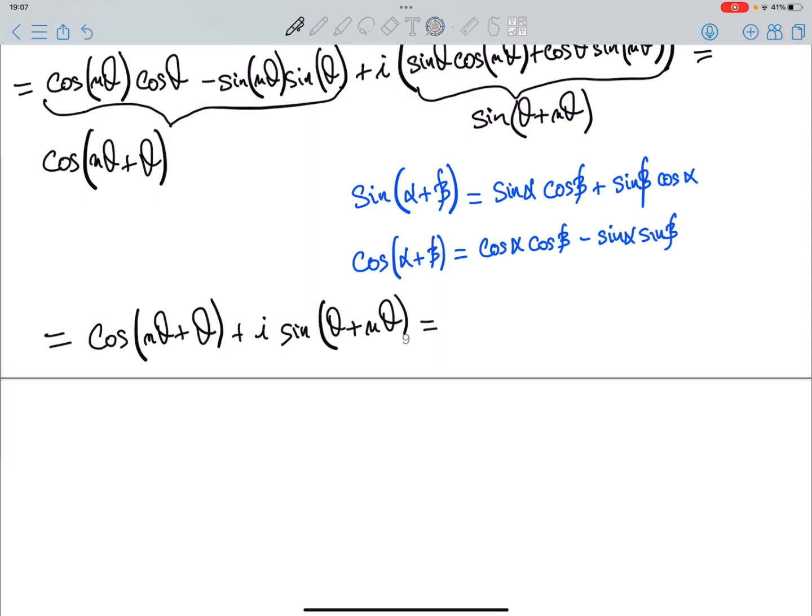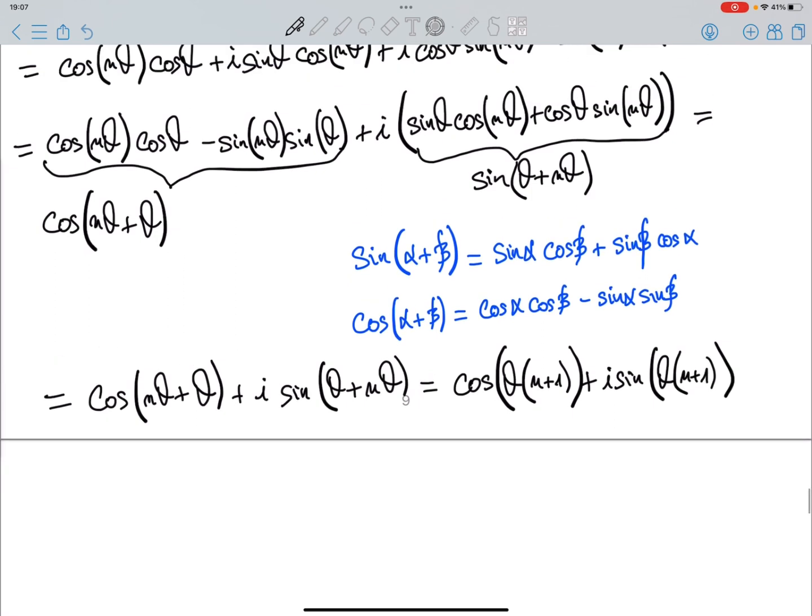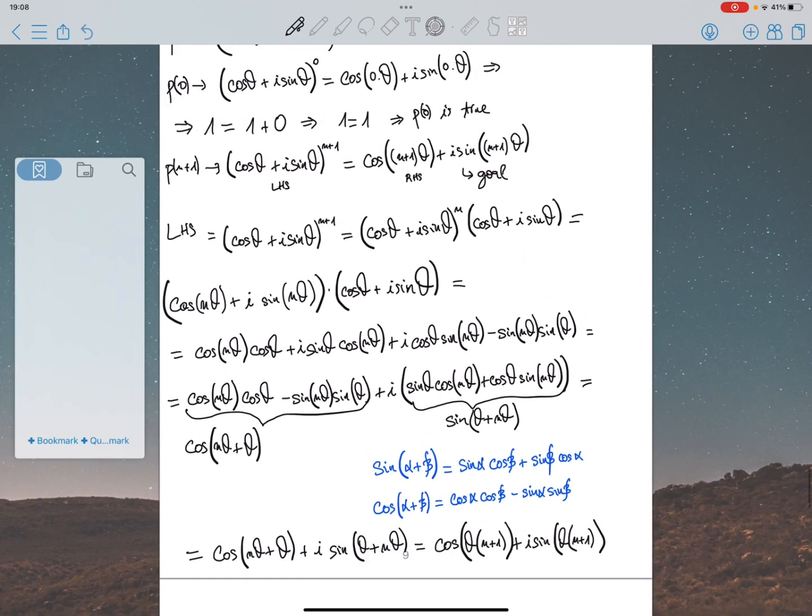If we factorize θ, this is equal to cos(θ(n+1)) plus i sin(θ(n+1)). As you can see, if we go back to our goal, P(n+1), we said before that to prove it we need to get this, and we have it here.